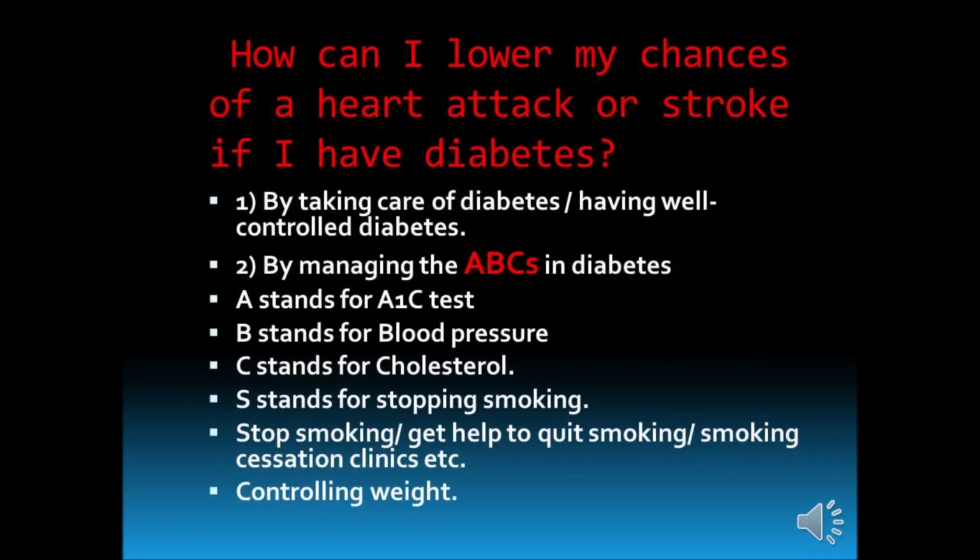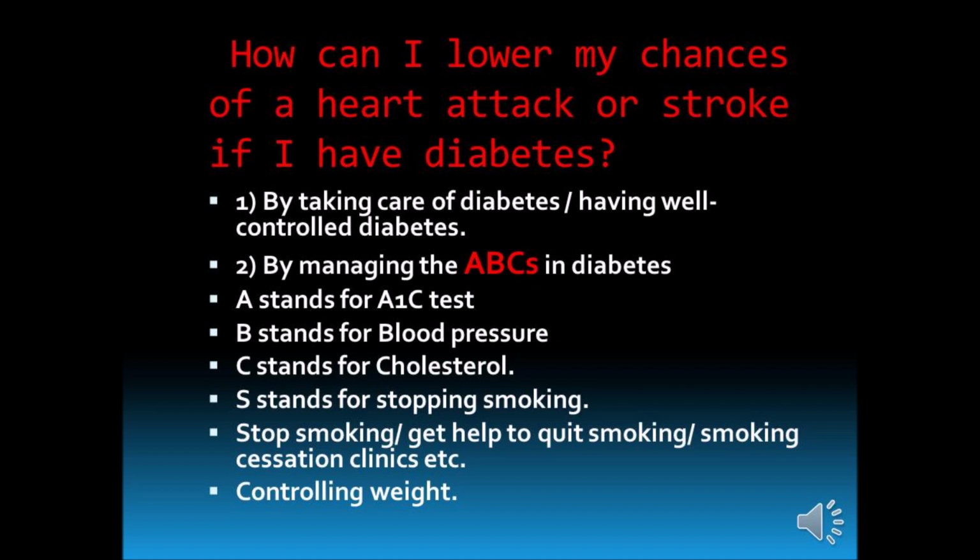Well, you might ask me, how do I lower my chances of a heart attack or stroke if I have diabetes? Well, it is possible, and it is by taking care of diabetes, having a well controlled diabetes, by managing the ABCs in diabetes.